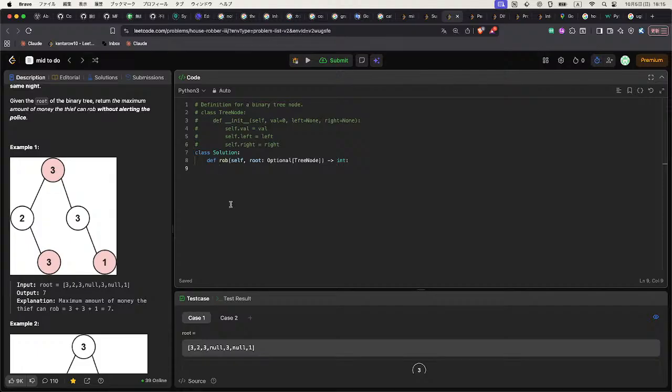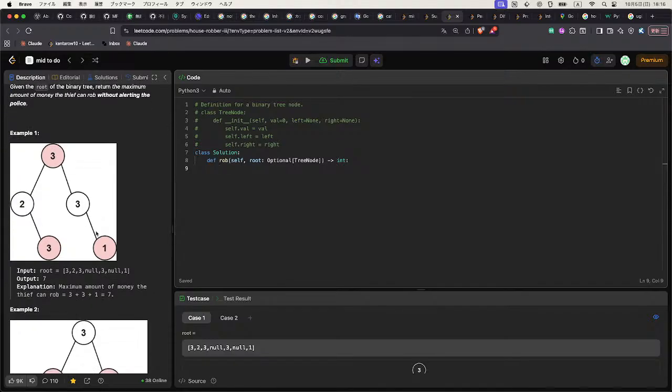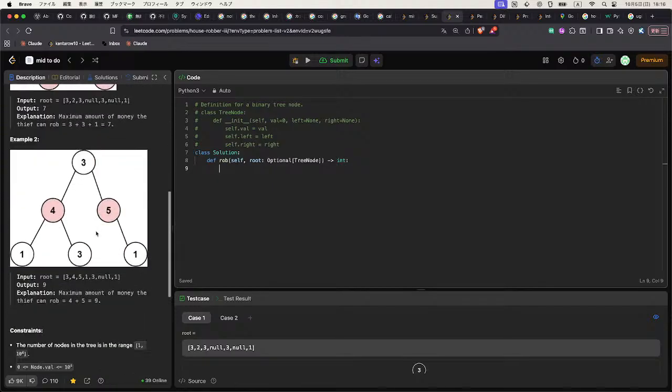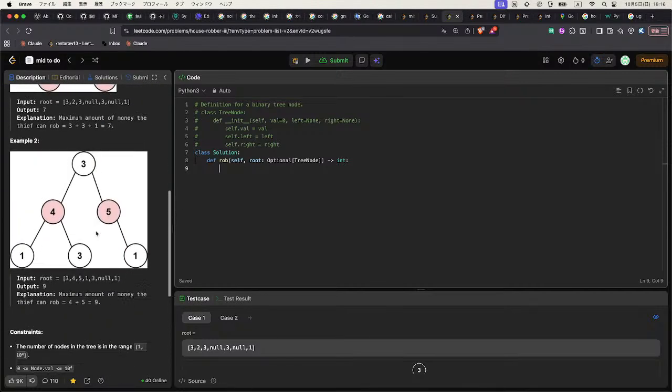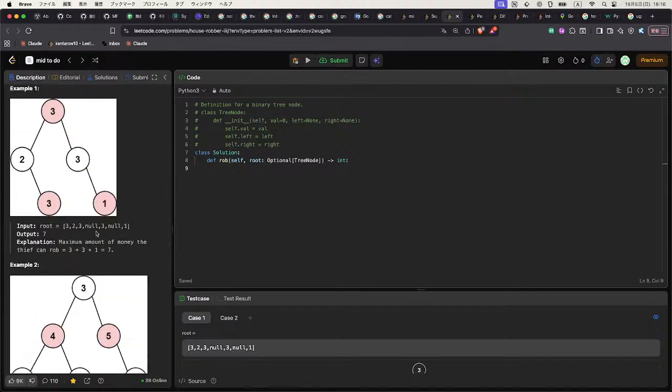It is, we focus on the subproblems. Subproblems. Okay. And the subproblem is independent or dependent.